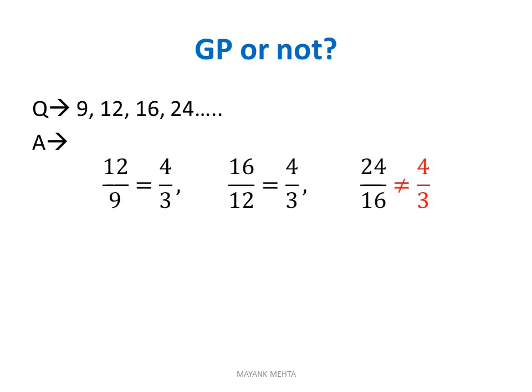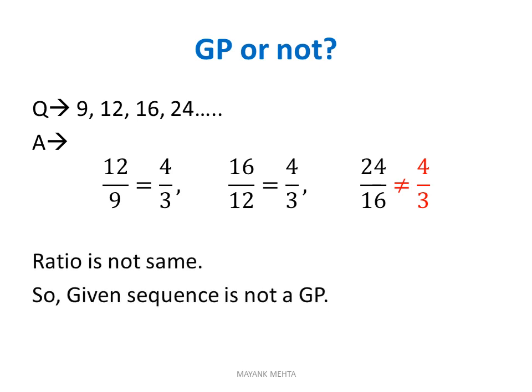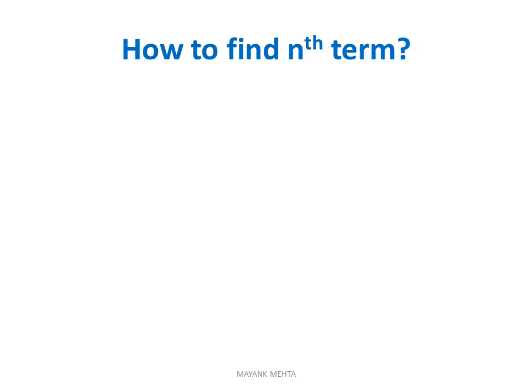Find the ratio: second term divided by first term, that is 4 by 3. 16 divided by 12, third term divided by second term, that is again 4 by 3. But fourth term divided by third term, that is not 4 by 3. The ratio is not the same. That means the given sequence is not a GP. Geometric progression nahi hai ye.